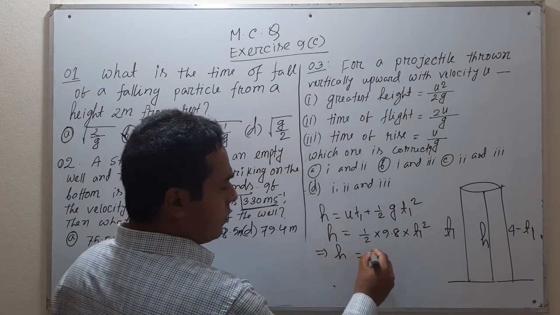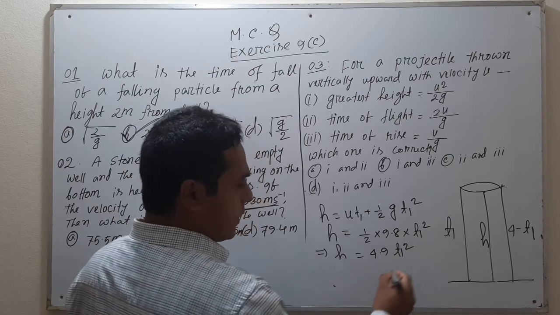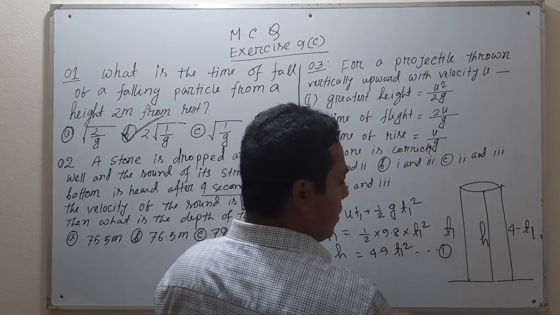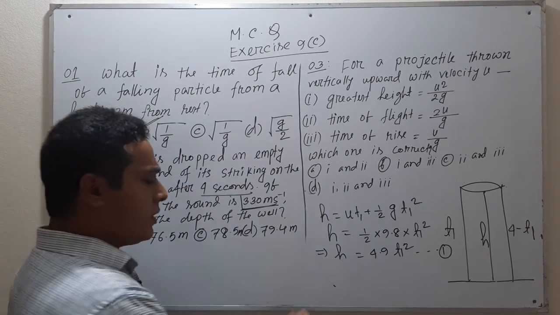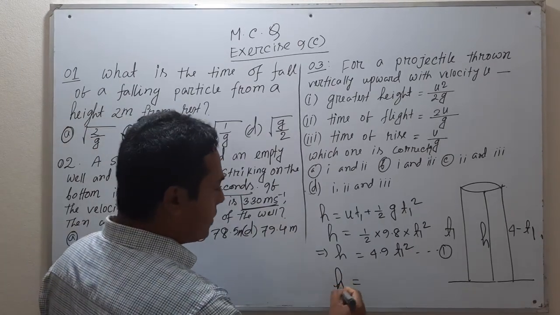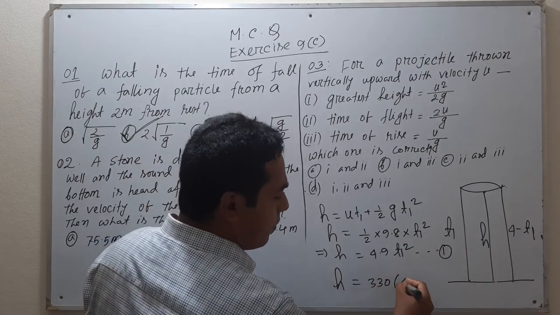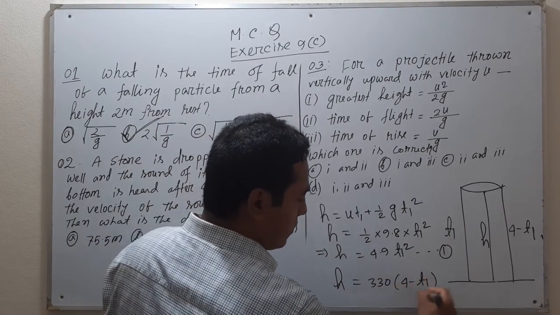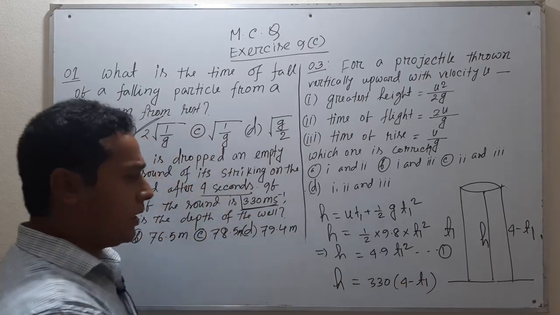So h is equal to 4.9 t1 square. This is equation number 1. Now for the sound, the velocity is this. So h is equal to vt, 330 into t, which is 4 minus t1.